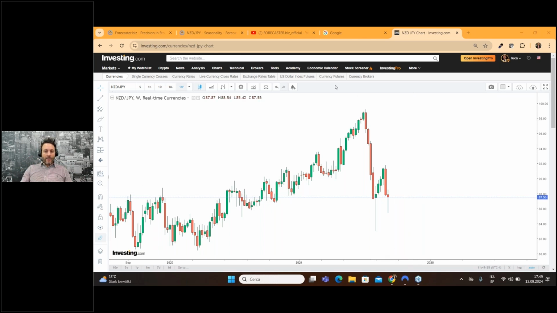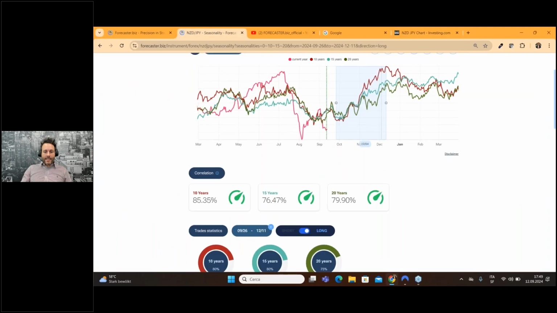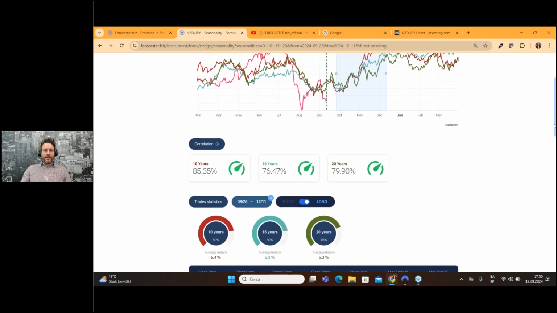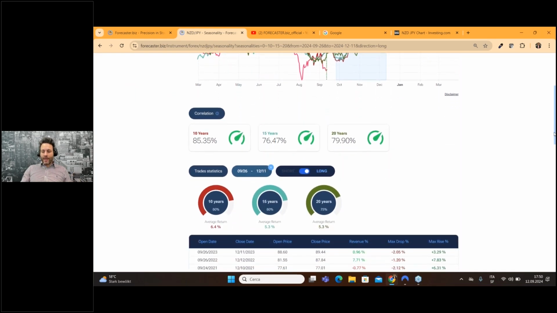But the important thing in this case is that we have to calculate the target price. And calculating the target price for this trade is very, very simple. You can use this method in Forex, in stocks, commodities, and everything else, also crypto.